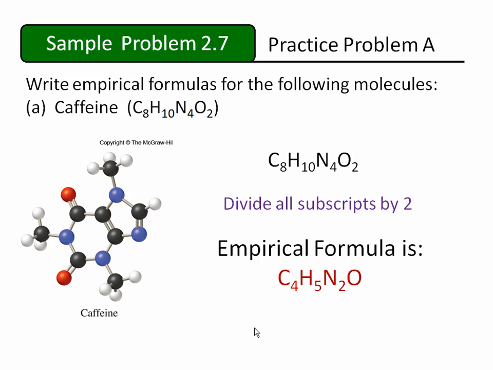And our empirical formula will end up being C4H5N2O. Let's just check to be sure that this is empirical. We have one element, the oxygen, with a subscript of 1, so we cannot reduce the formula any further.